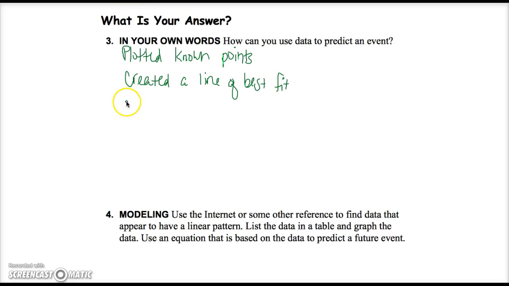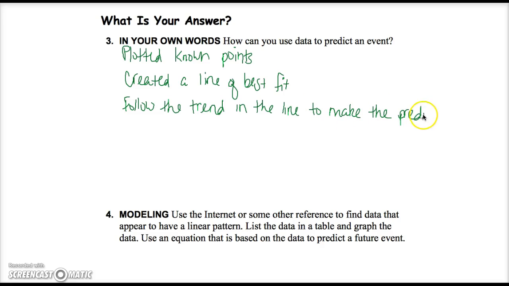And then we just follow the trend in that line to make the prediction. Okay, because the data tells us it's going to continue to go on in that same pattern if it has up until this point.